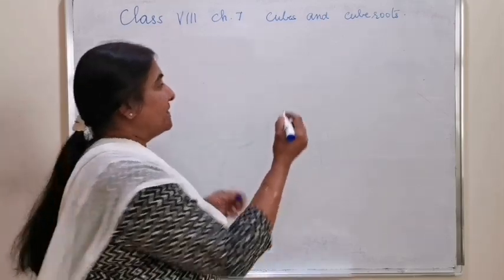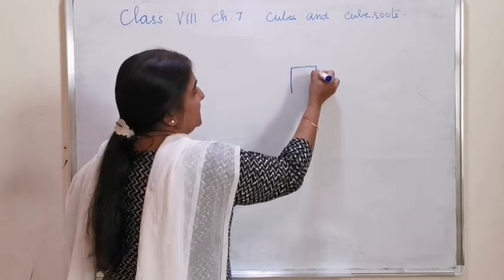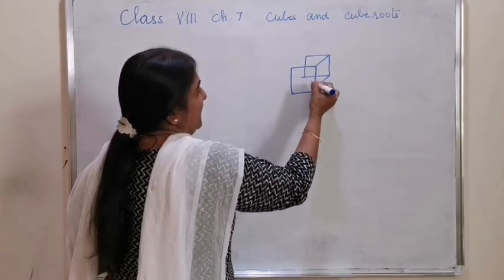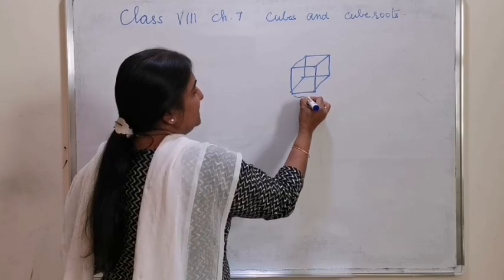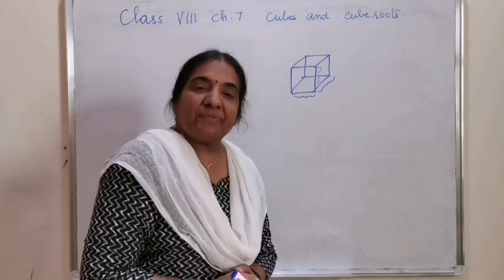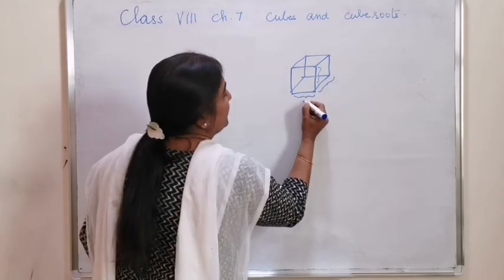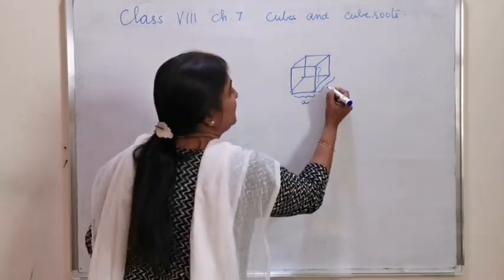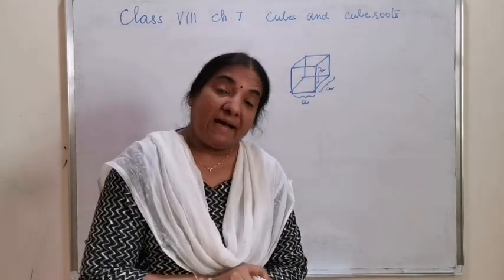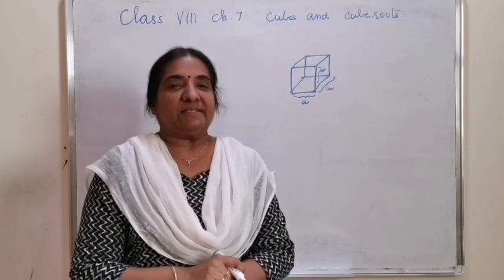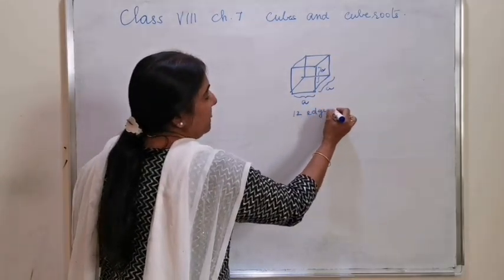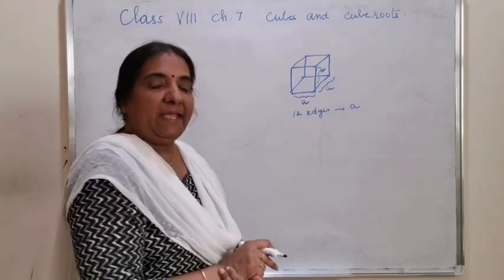The word cube is familiar to you from another branch of maths where you were dealing with solids. A cube is a 3-dimensional solid which has a length, breadth and height. A cube has length A, breadth A and height A, because a cube has 6 square faces and so all the 12 edges are of length A units.